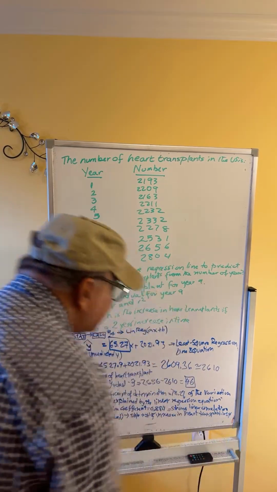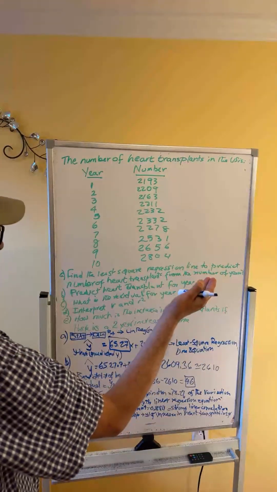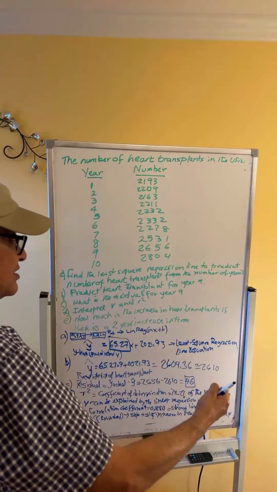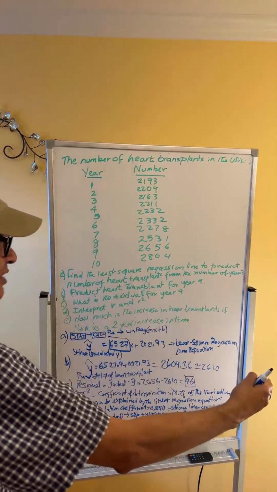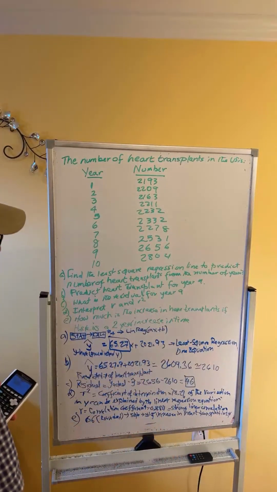That is the definition of slope: how much y, in this case the number of heart transplants, changes if x increases by 1 unit. So if your time increases by 1 year, your heart transplants increase by 66.